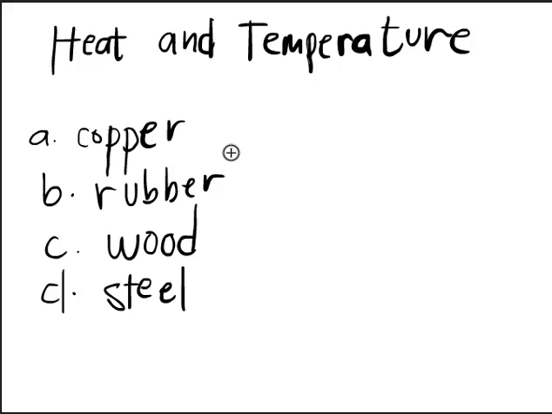Okay, so some of you will have an idea about conductors and insulators. You can easily choose two of the four conductors, which are copper and steel.